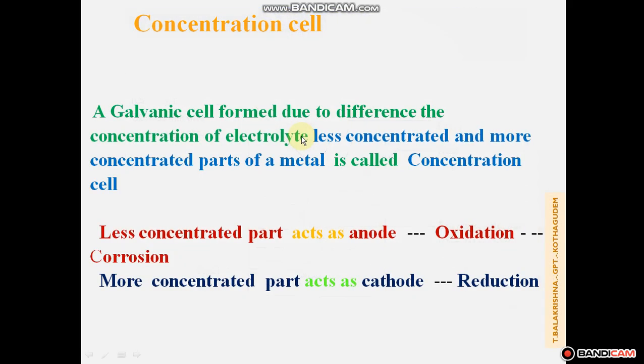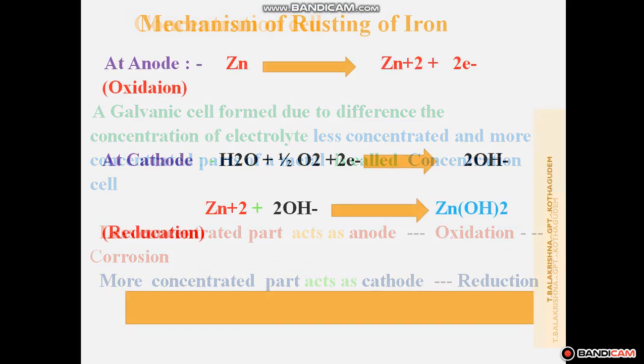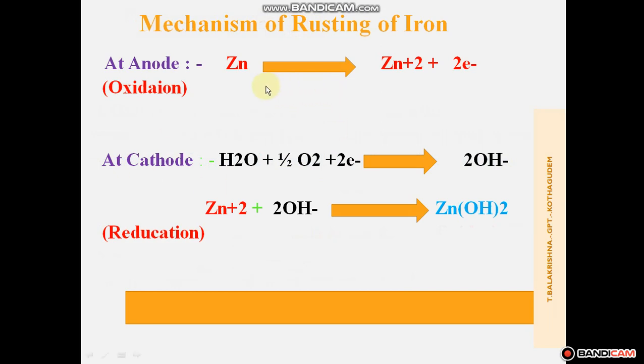So the reactions are: half part of the zinc acts as an anode. Anode means oxidation, oxidation means losing of electrons. So zinc is ready to lose two electrons, because the valence is 2, and is converted to zinc plus 2.